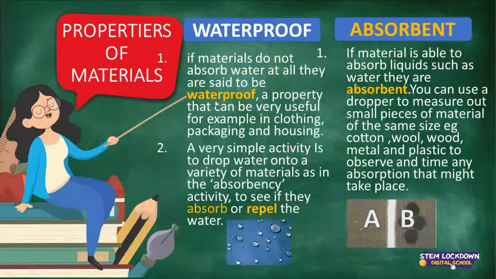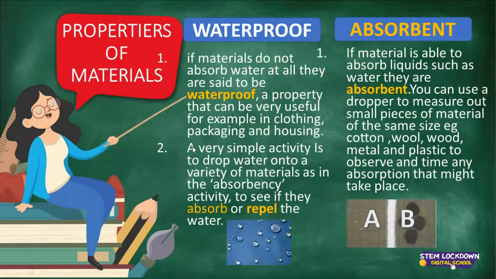There is no water getting into the material. A property that can be very useful, for example, in clothing, packaging, and housing. So the roof of a house, because it protects you from rain, must be waterproof. No water must get through the roof. So choosing the material for roofing, you need to check whether it is waterproof or not.